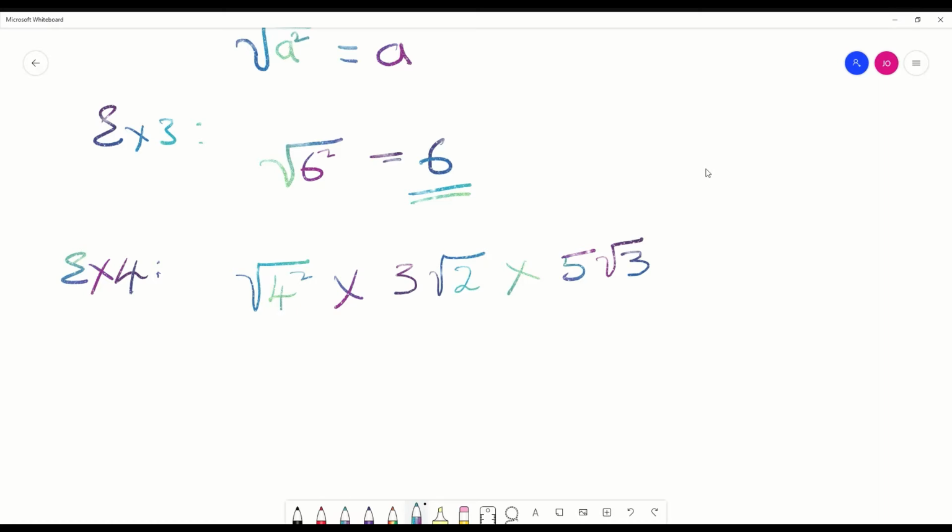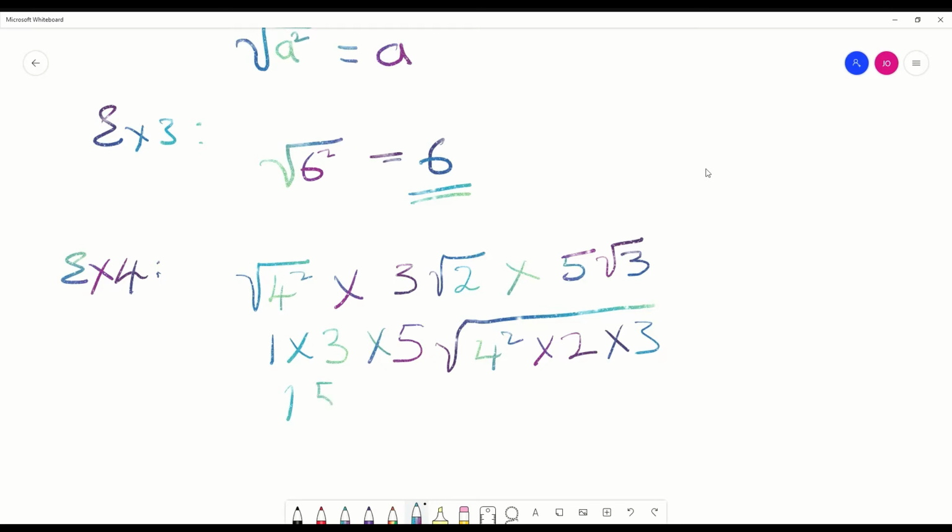So here we go. We're going to have 1 times the coefficient of root 2, that's 3, times 5. And we have the root here, 4 squared, times 2, times 3. So here we have 1 times 3 times 5 gives us 15.